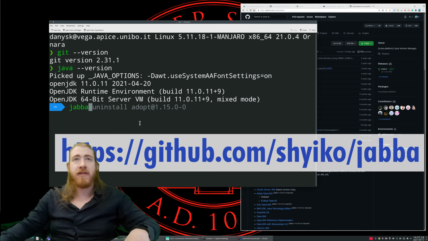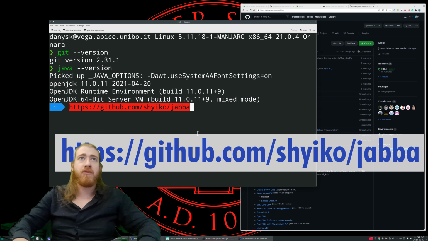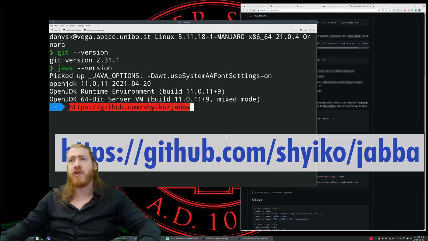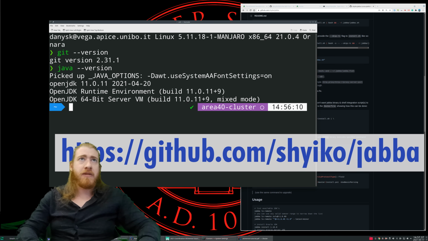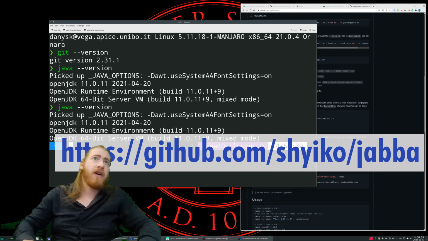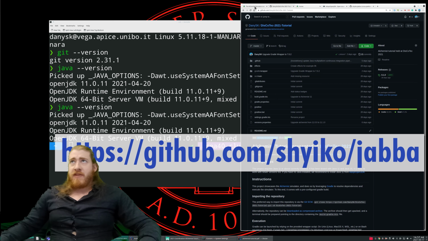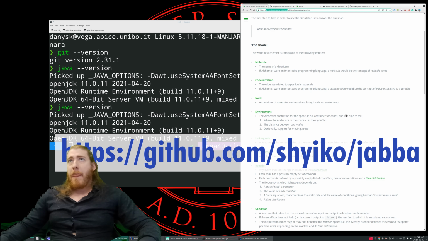I'm pasting the link here so that it's easier to read. I'm using the terminal as a text editor. So you can visit this website, follow the instructions to install a recent version of JDK. Anyway, I expect most of you to have a decently recent version of Java. Java 11, as said, is fine.